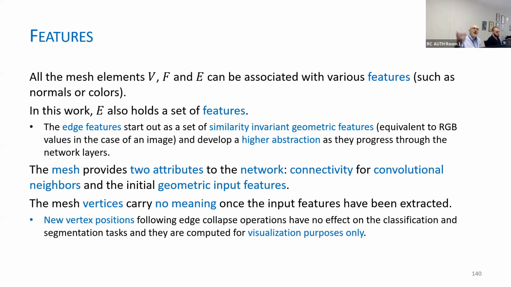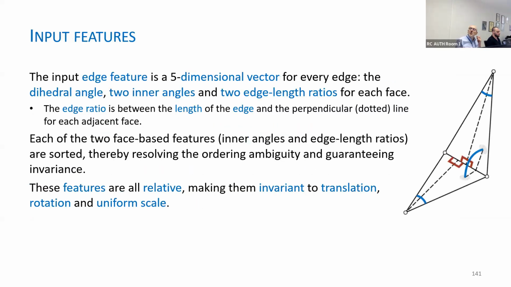Then the idea of this network is to progressively simplify the mesh and to propagate these features that we have at the edge level. And here you see the way in which this is obtained. In particular, there are 5 descriptors that are associated to each edge, and all these are independent from the translation and the rotation of the mesh.